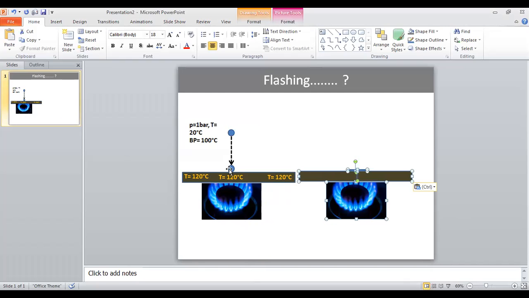Immediately this drop of water becomes flattened.